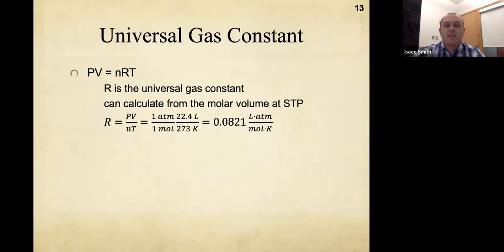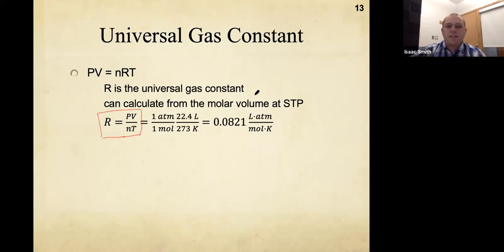Here's kind of a derivation of it. If you rearrange the ideal gas law, you can say that R equals PV over NT. That would be the rearranged ideal gas law.